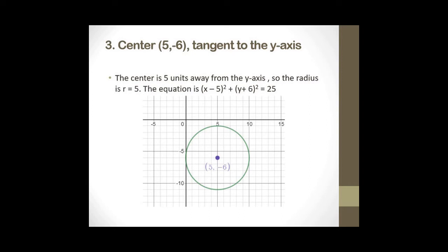The equation is the square of the binomial (x minus 5) plus the square of the binomial (y plus 6) is equal to 25. Now here is the graph. Looking at the graph, it is tangent to the y-axis.